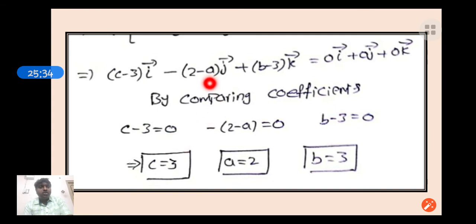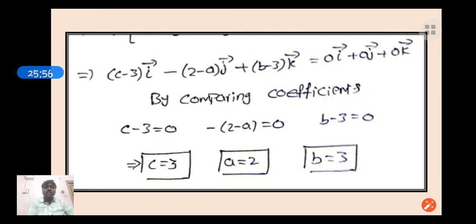By comparing the components of j bar, minus 2 minus a is equal to 0. For k, b minus 3 is equal to 0. So by simplifying, you are getting c is equal to 3, a is equal to minus 2 and b is equal to 3. This is the way we can calculate the values with the help of an irrotational vector.